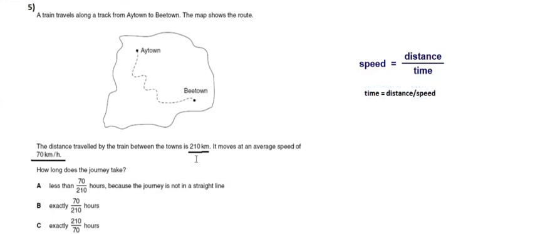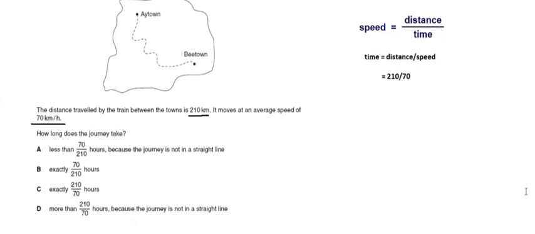It is given as 210 kilometers, and speed is 70. So the time will be in hours, because the speed is in kilometers per hour. Kilometer and kilometer cancel from numerator and denominator, only hours will remain. So it is 210 divided by 70 hours.